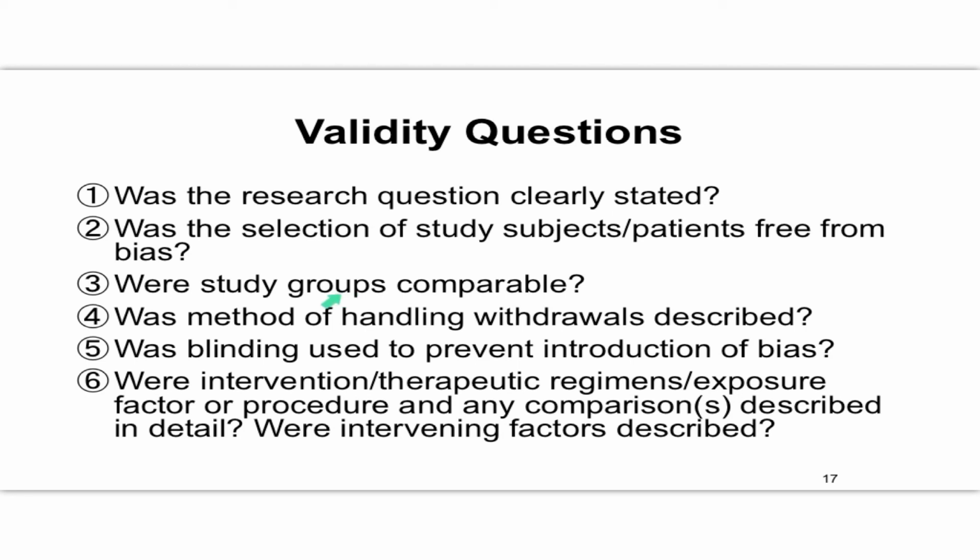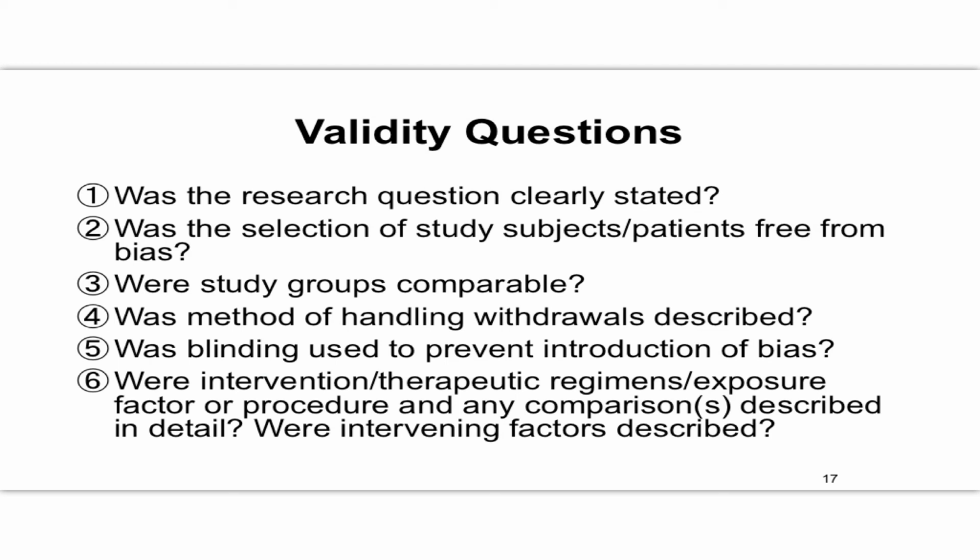Therefore, that leads to the study groups. Are they comparable? Was there stated a way, ahead of time, of what are called exclusion criteria, and how are those animals excluded or those patients in the study withdrawn from that study? They have to be carefully defined ahead of time. Was blinding used to prevent the introduction of bias? We talked about that.